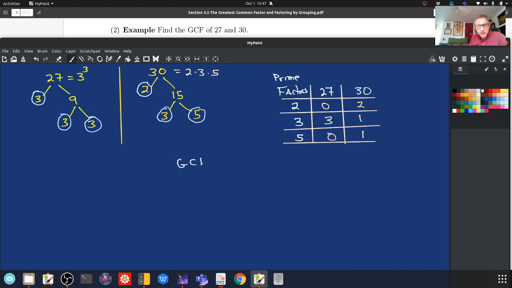So again, the greatest common factor of 27 and 30 is equal to my factors raised to the power.